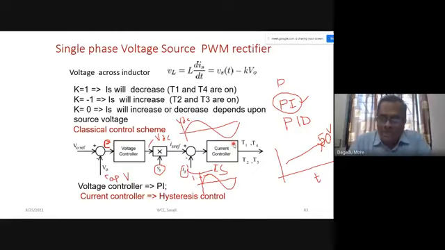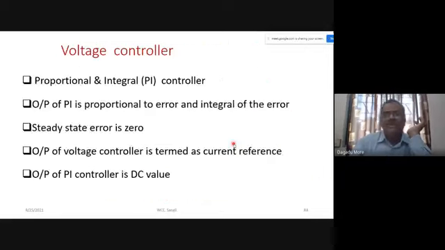And how does the hysteresis control work? That we can discuss now. Any question? So for the current controller, two options are available: one is PI, the other is hysteresis control. Let us consider hysteresis control first, and how we can go for this.